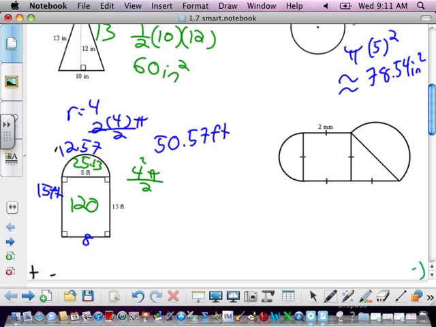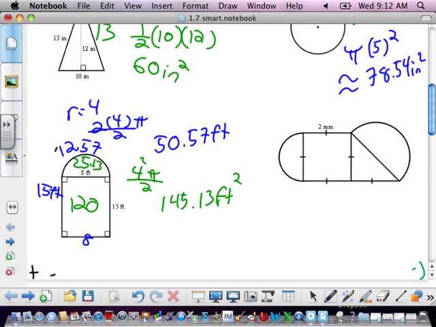And then we're just going to add them together. And we get 145.13 feet squared. I added 25.13 to 120, yes. That's how I got it.